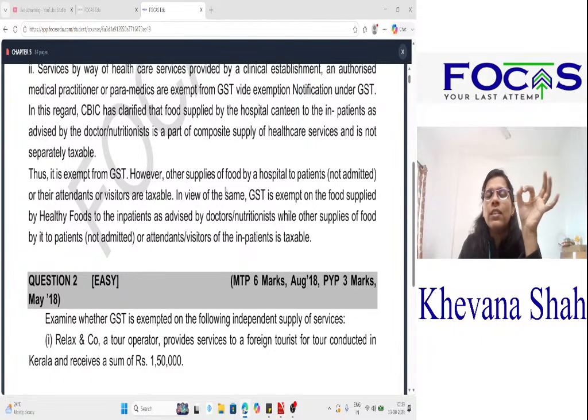But other supplies of food by a hospital to patients not admitted or their attendants or visitors are taxable. In view of the same, GST is exempt on food supplied by the hospital to inpatients as advised by doctors or nutritionists, while other supplies of food to patients who are not admitted or their attendants or visitors of the inpatients is taxable.